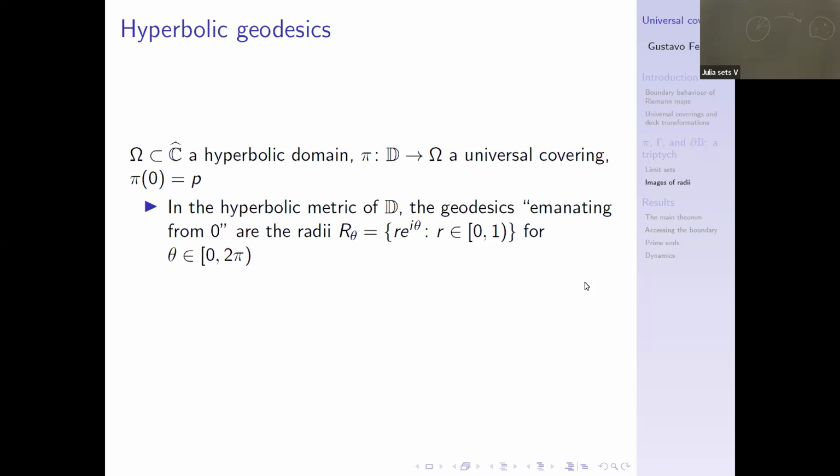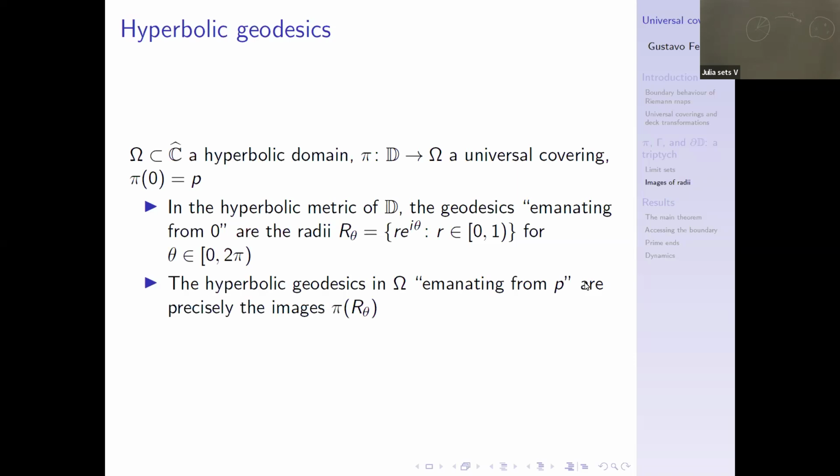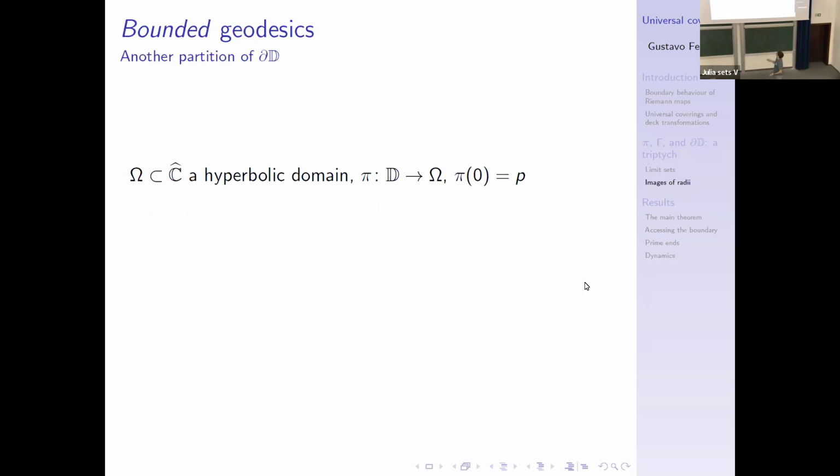And because the universal covering is a local isometry of the hyperbolic metric, the hyperbolic geodesics in omega that are emanating, air quotes, from P are exactly the images of these guys, right? And now the question is, what are these images doing, right?